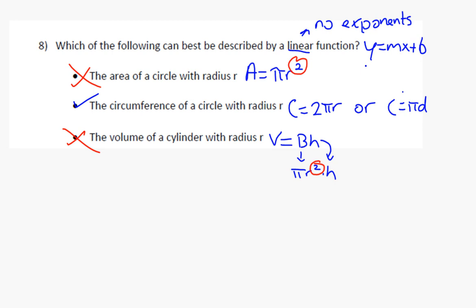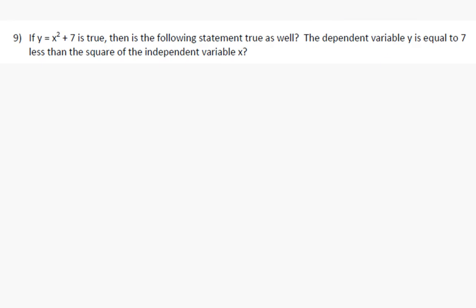Alright, number 9. Y equals x squared plus 7 is true. Is the following true as well? Dependent variable y is equal to 7 less than the square of the independent variable x. So there's some extra words in here. It says dependent variable y. I mean, y is the dependent variable, but that doesn't really matter here. So y is equal to 7 less than the square of the independent. Same thing here.